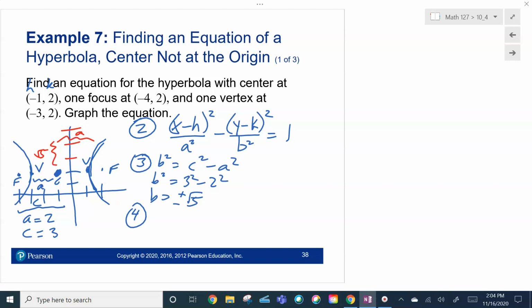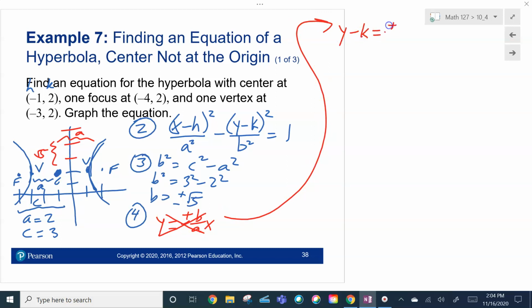So y equals, we normally have plus or minus b over a x, but in this case we have a different center, so it's y minus k equals plus or minus b over a times x minus h. Remember our center, (h, k), so it's y minus 2 equals plus or minus, I'm up b, up root 5, and I'm over 2. My a is 2.